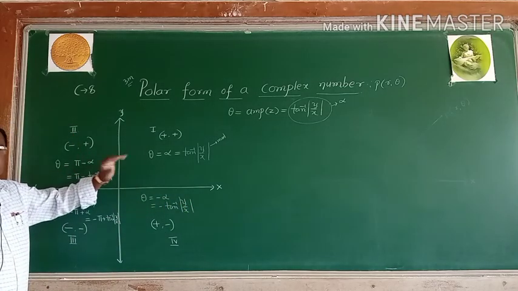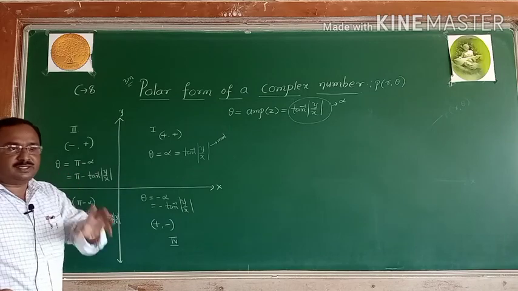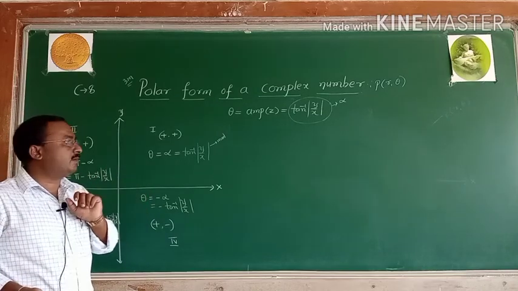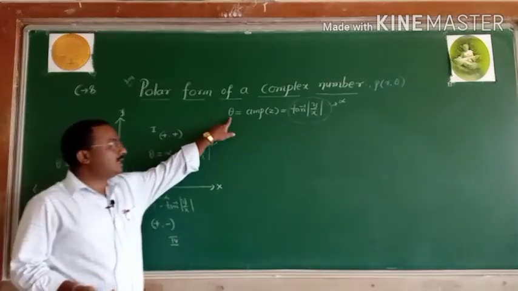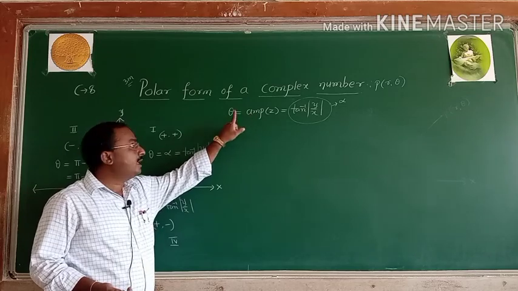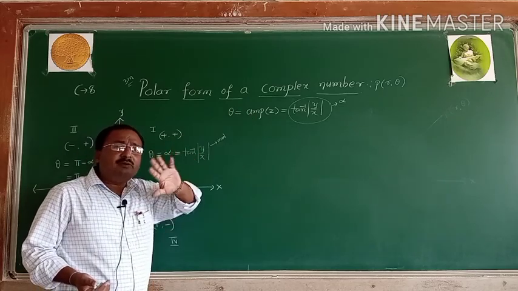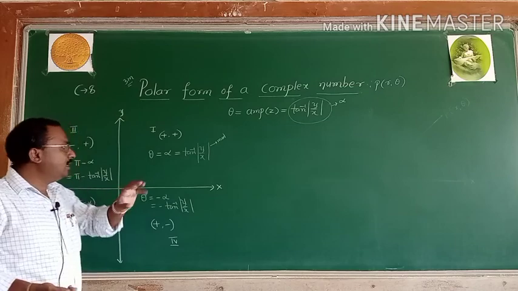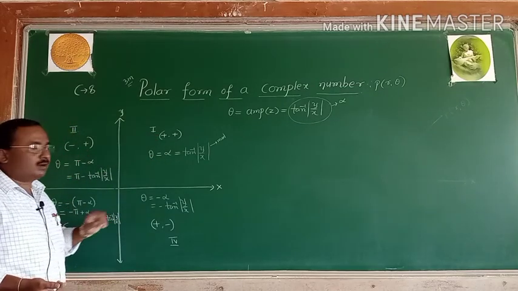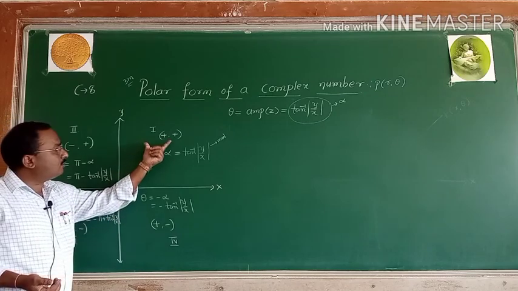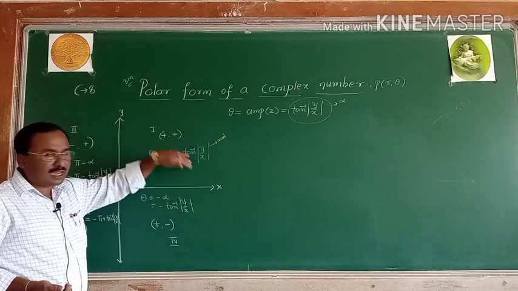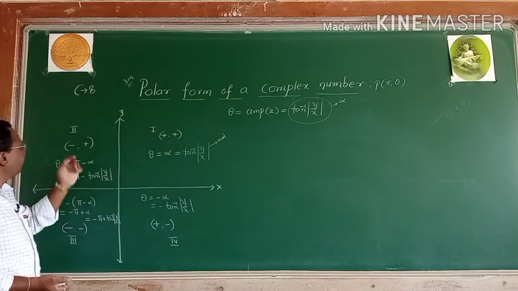Here the modulus is fixed, that is the square root of real part square plus imaginary part square. But theta, the amplitude or argument, varies depending upon the quadrant. First quadrant, both are positive, theta is equal to alpha, meaning tan inverse y by x and its modulus.